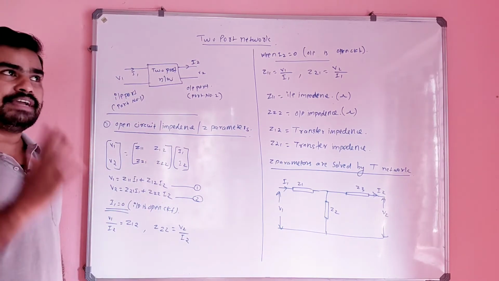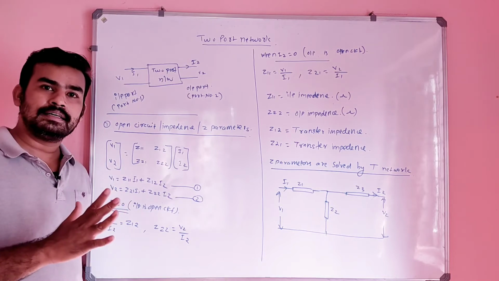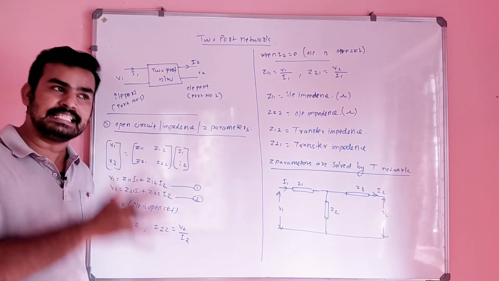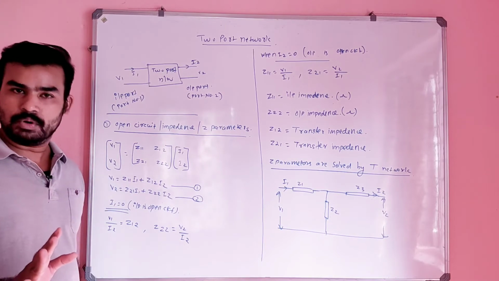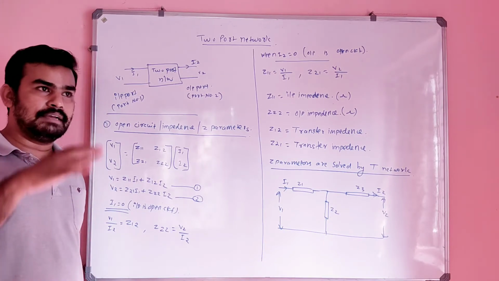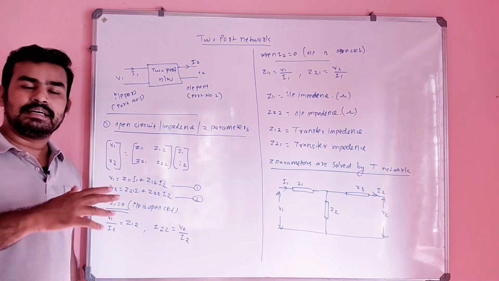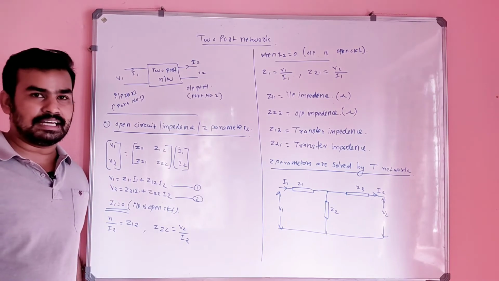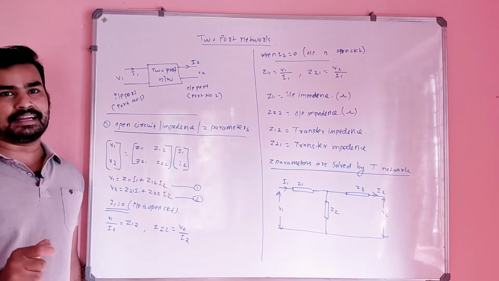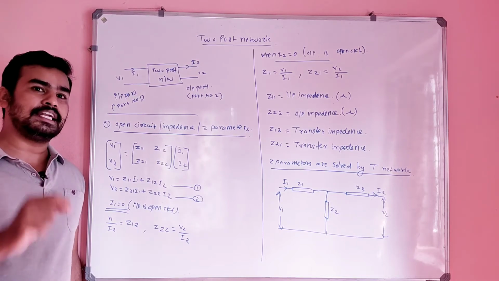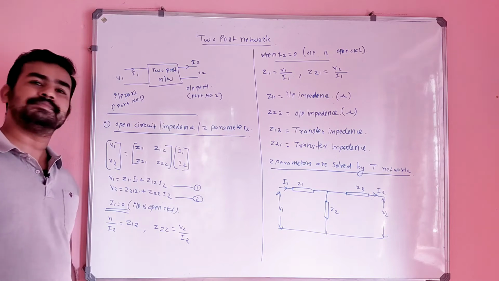That means a network from which we get the Z parameter very easily is nothing but the T network. Any other form, whether it is pi or some other form of network, it is difficult to find the Z parameter if the network is not in the form of a T.